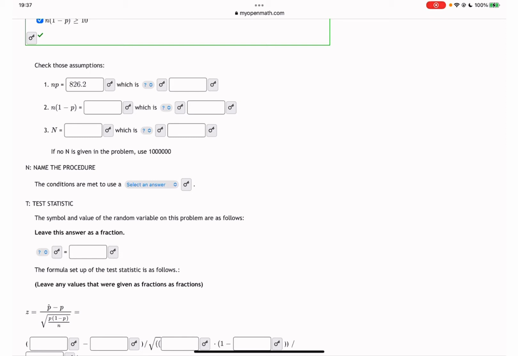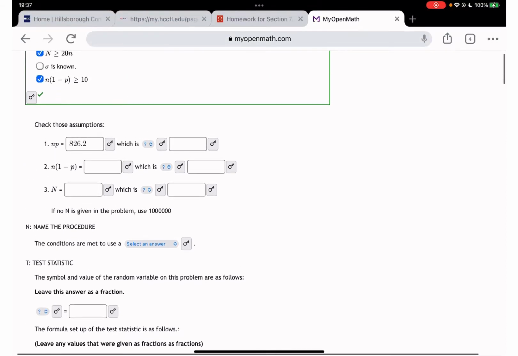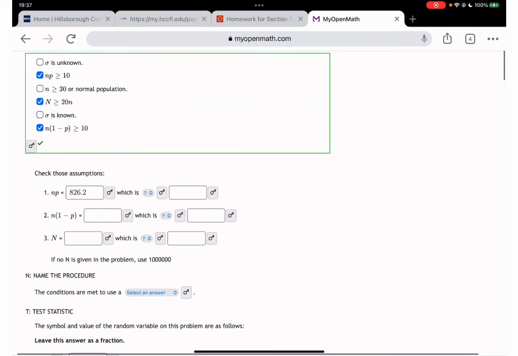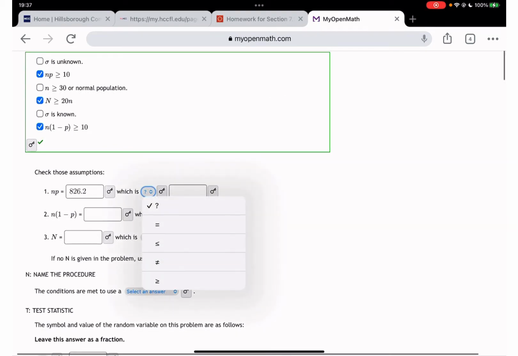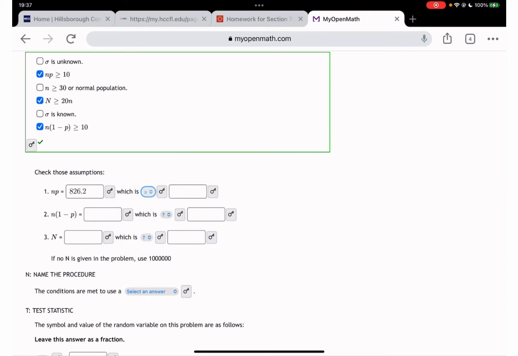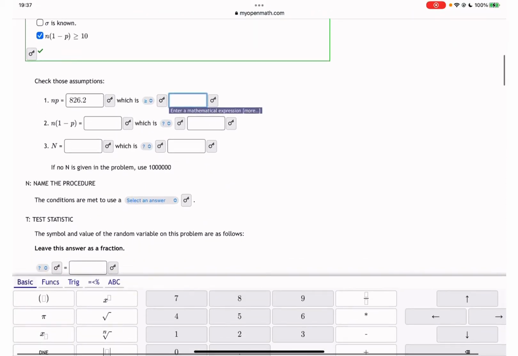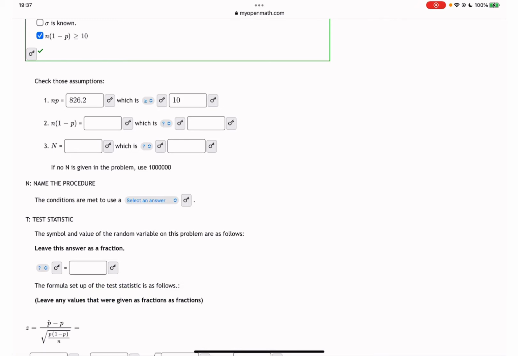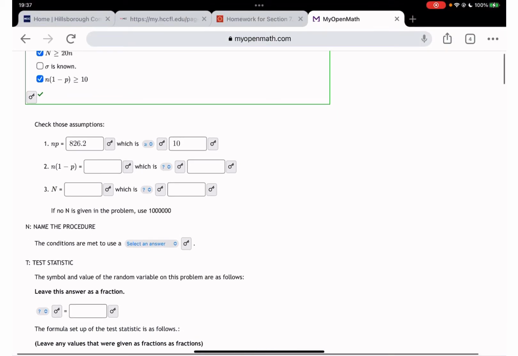We are checking this assumption: n times p has to be greater than or equal to 10. And indeed, 826 is greater than 10. Next, n times 1 minus p.